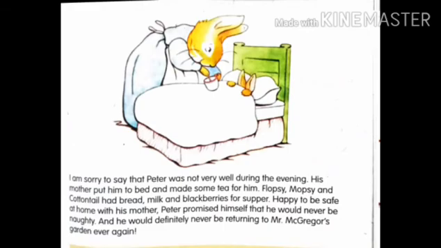So, who is saying these words? Maybe the author. He's saying that Peter was not very well during the evening because he knows that Peter is not well. As soon as he came home, he slept and he didn't have his dinner. But the other three bunnies enjoyed their dinner with bread, milk, and blackberries.